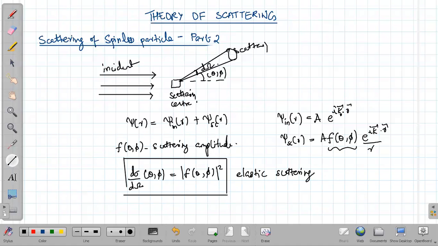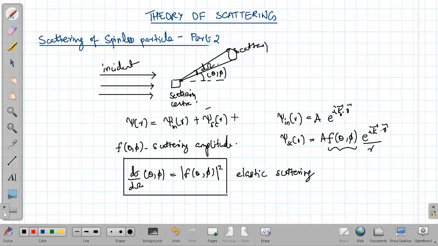Okay, so next we should know how to find this f of theta phi, or the scattering amplitude. Okay, so in today's lecture we'll discuss up to some point about how to find the psi scattering.